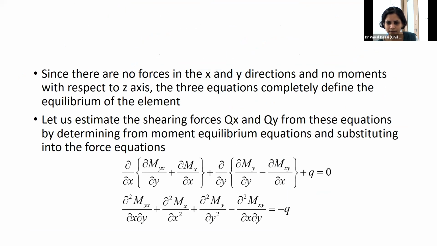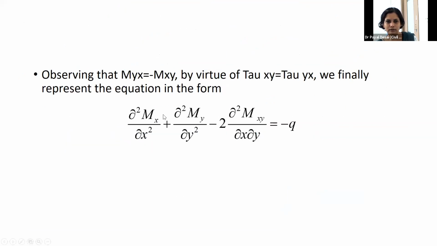We are considering this mxy as opposite of myx, due to the fact of complementary shear stress, tau xy equal to tau yx. Both arrows of the shear stress will be in opposite direction, so it will produce a reverse moment, and that's why this mxy can be opposite of myx.